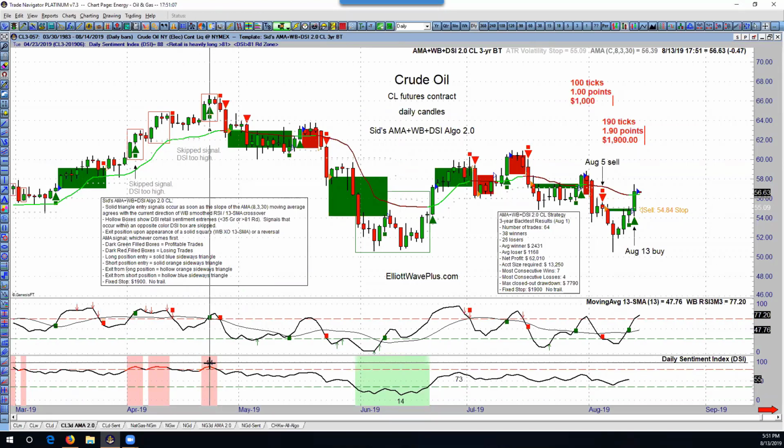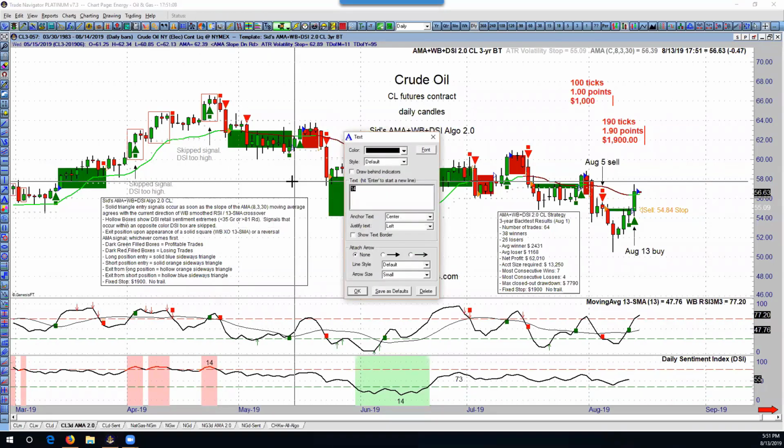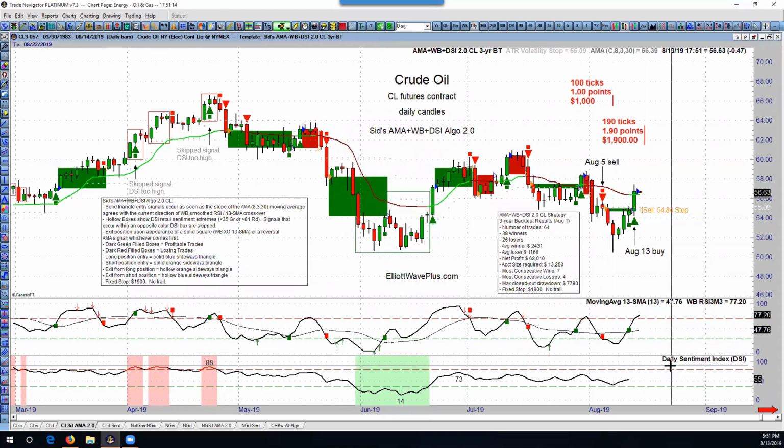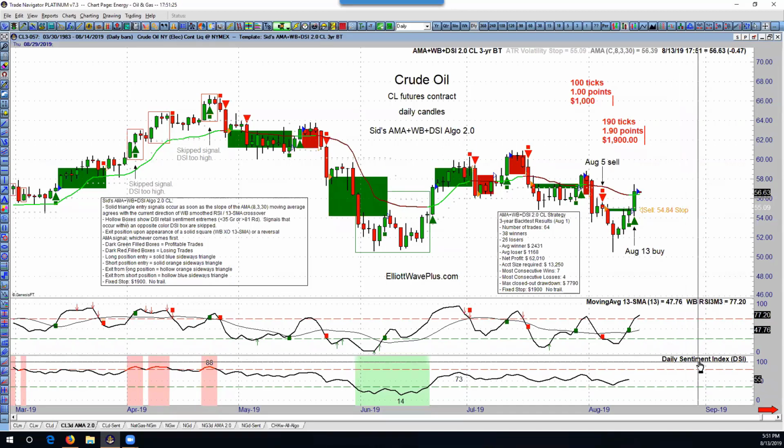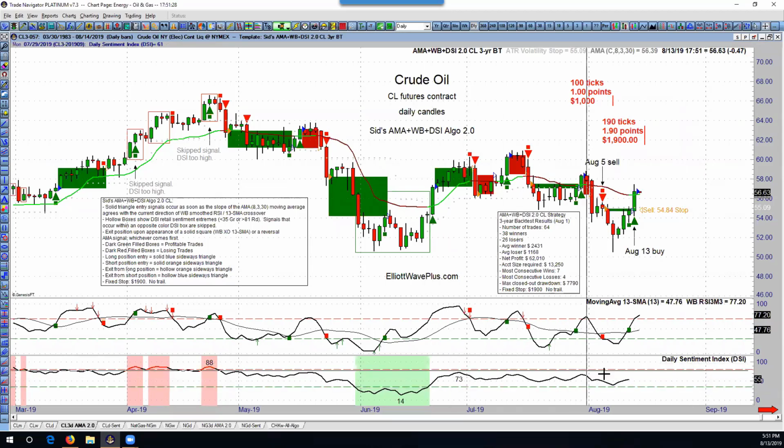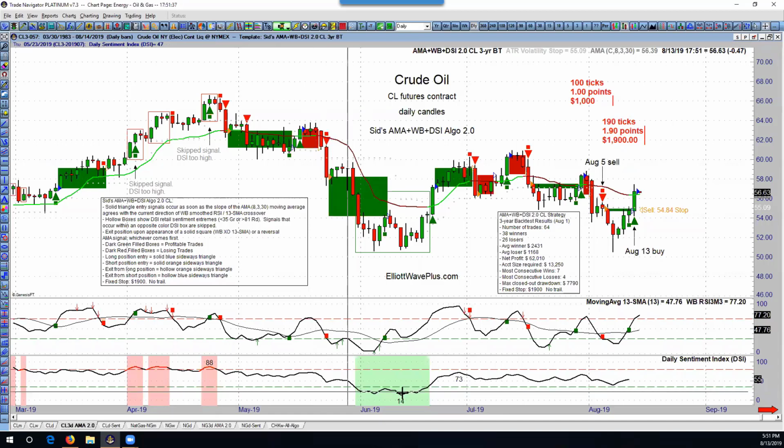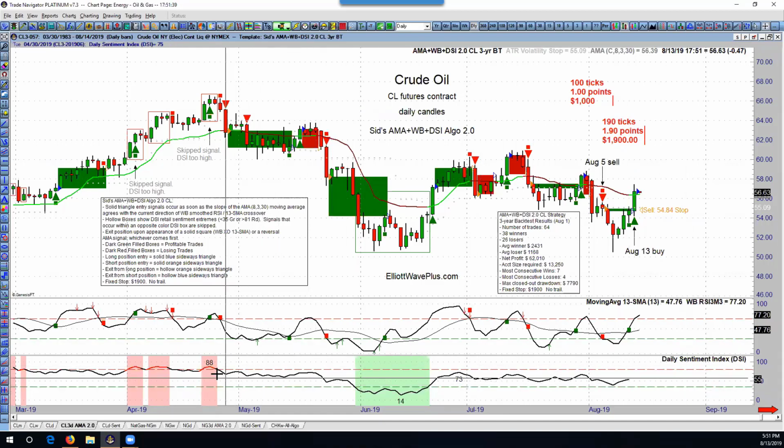So what I do with this DSI indicator, if it is available, if it's a futures contract, then it'll have it on it. If it's not a futures contract and it's an ETF, I have created a kind of synthetic version of it that acts like it, and doesn't mimic it exactly, but at least gives you an idea where retail traders are likely positioned in the absence of having DSI on that item.